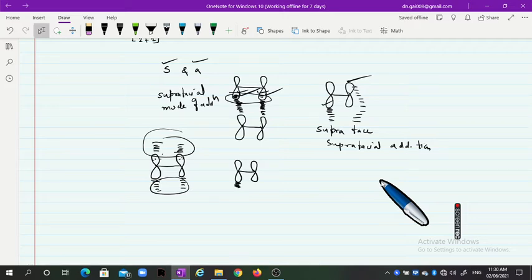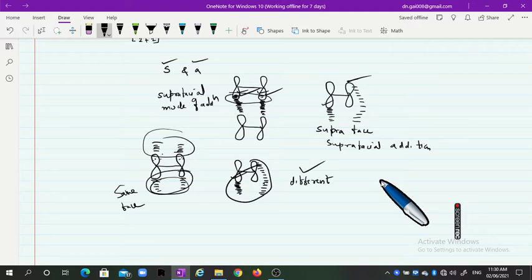Secondly, we have seen that one lobe is added to the other unsaturated system from this side, or this lobe is added to the other unsaturated system. That is called the same phase, and that is called the different phase.